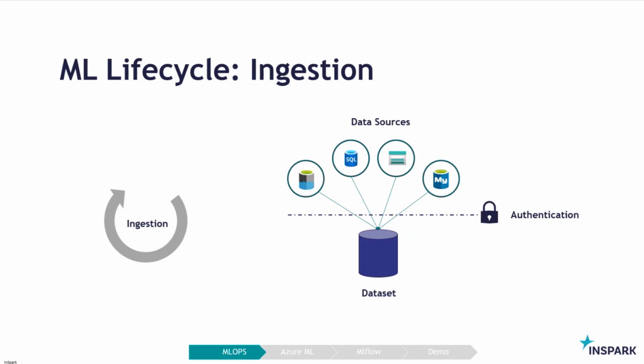With machine learning, it's also very important to know exactly what data was used to train a model. That's because a specific model is very dependent on the data on which it was trained, and it's therefore necessary to version your data sets and keep track of what data was used to train what model. So for data ingestion, we have two challenges: managing our data sources and managing our data sets.